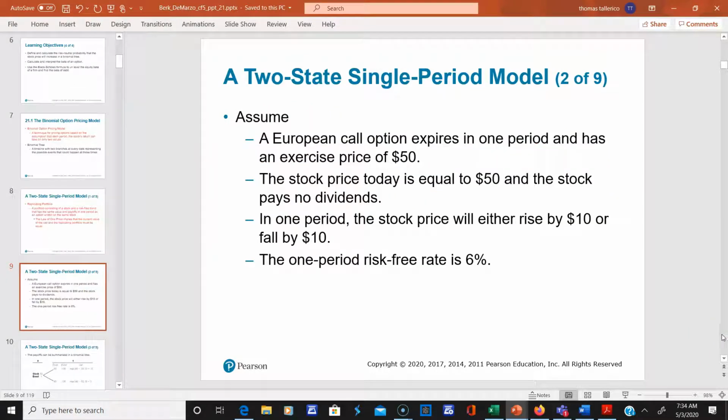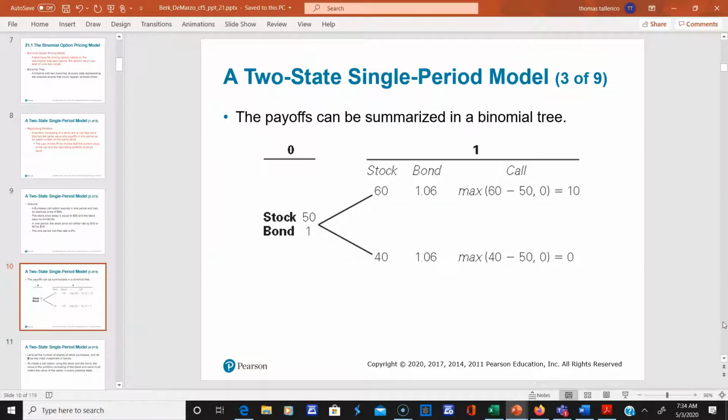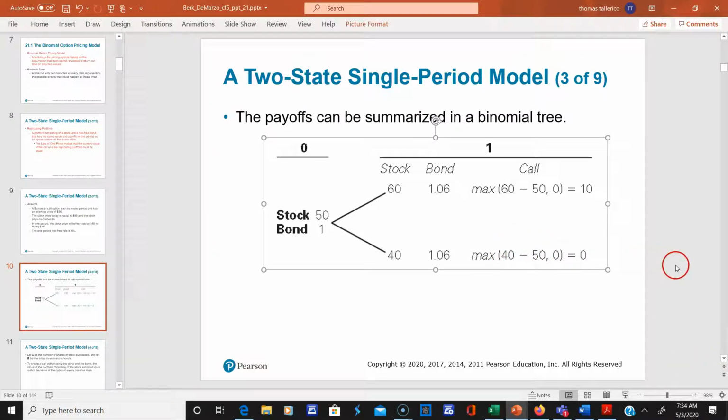So basically they go through in the book a two-state single period model. There's a lot of math involved here. You can see they start moving the stock price up and down in different levels. Their ultimate goal is to determine the price of the call.